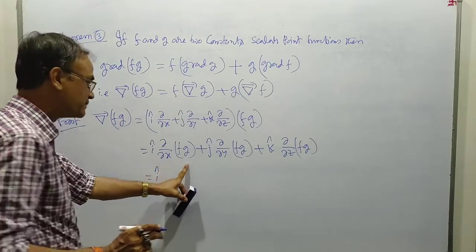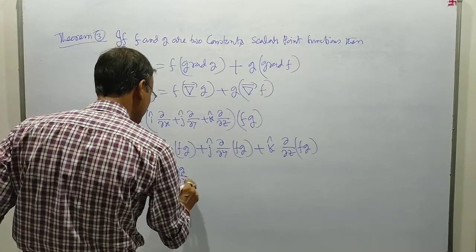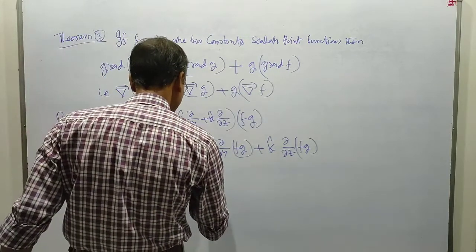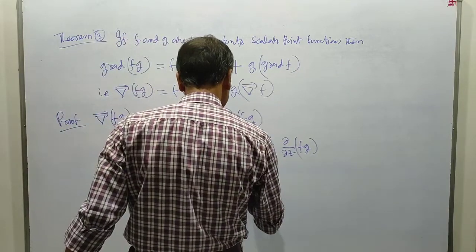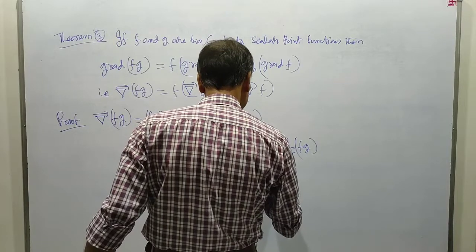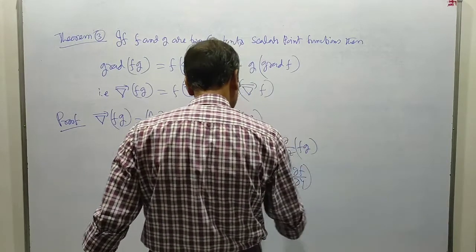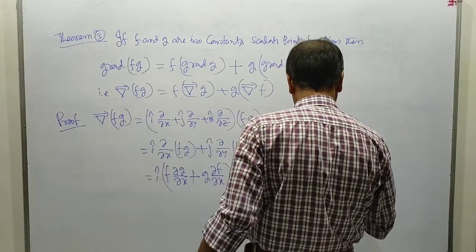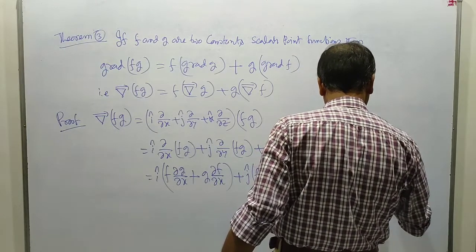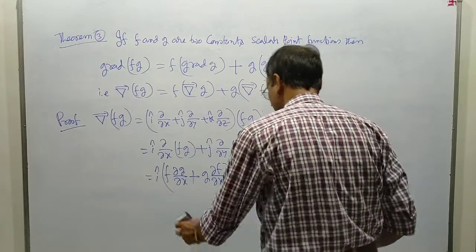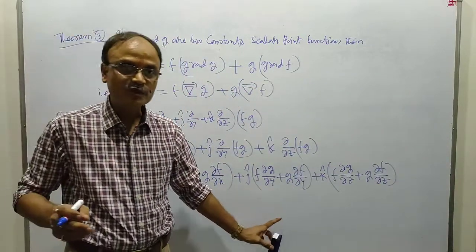This is equal to i cap, the differentiation of fg with respect to x, f ∂g/∂x plus g ∂f/∂x, plus j cap f ∂g/∂y plus g ∂f/∂y, plus k cap f ∂g/∂z plus g ∂f/∂z.